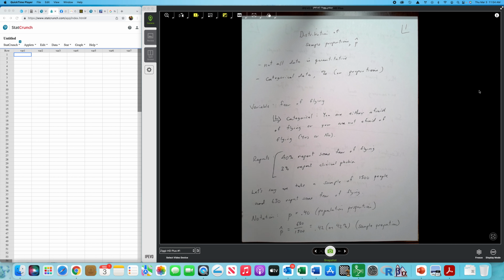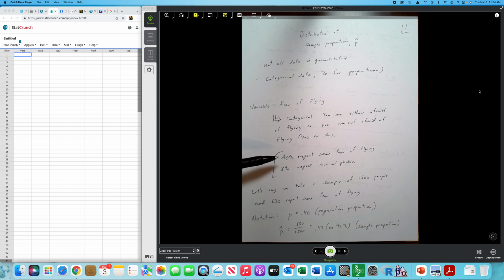Now let's switch gears so I can motivate the notation. Let's say that we take a sample of 1,500 people and 630 report some fear of flying. Now the notation, the 0.40 would be represented by my p. So p is the population proportion.